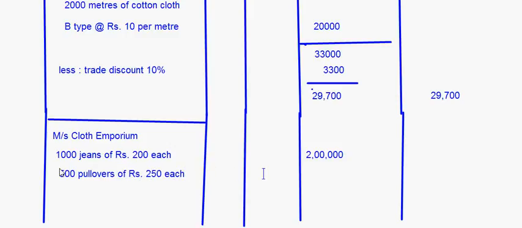So that comes to 500 into 250, that is equal to 1,25,000. So the total is 3,25,000 here.